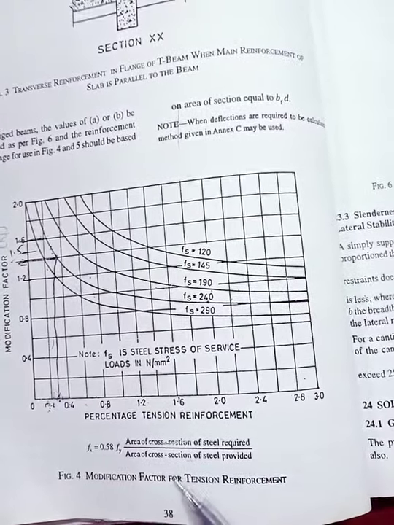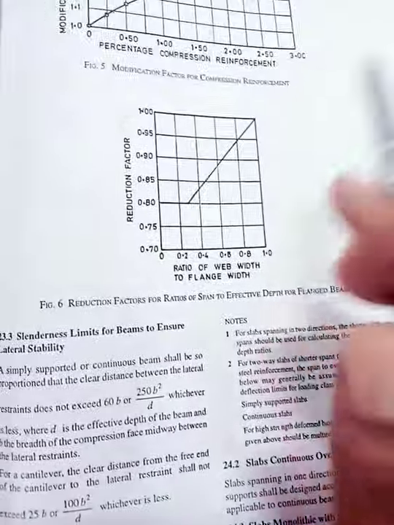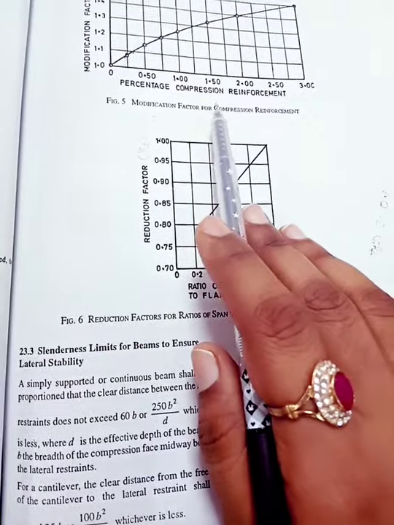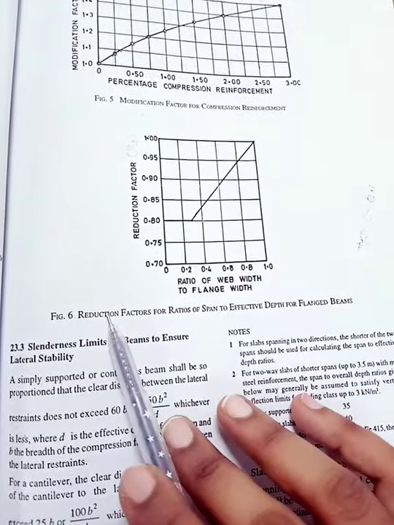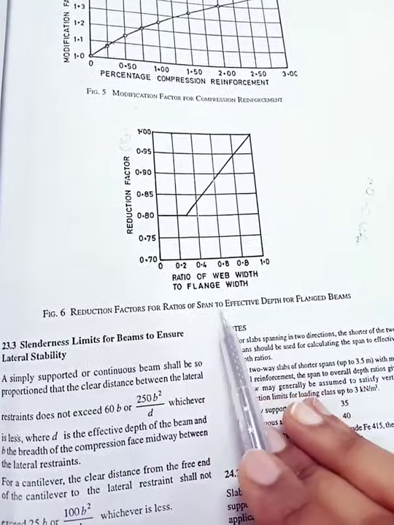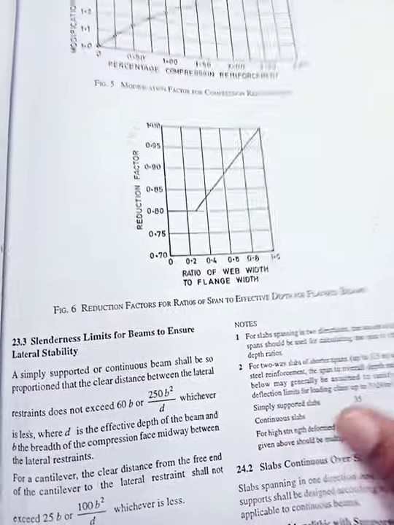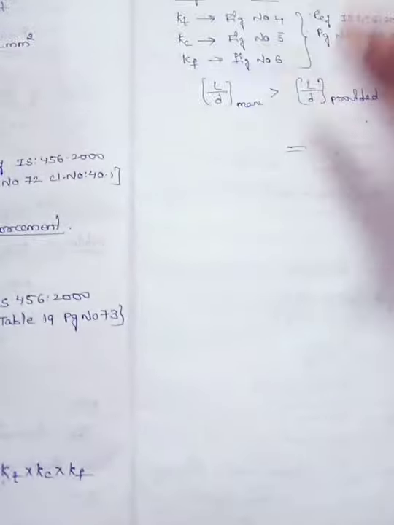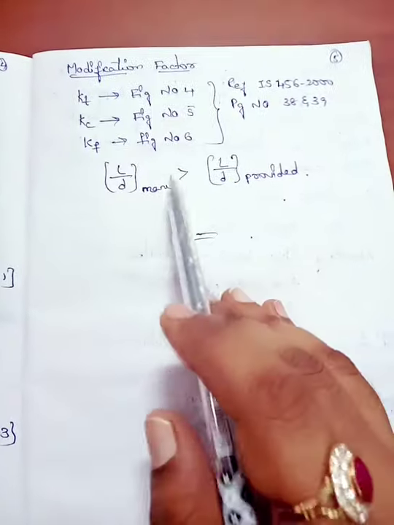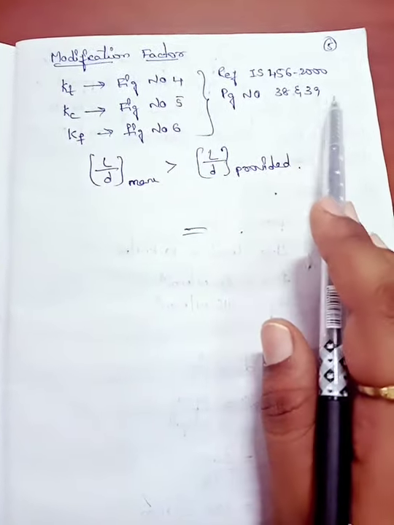Modification factor for tension reinforcement and percentage compression reinforcement, and reduction factors for ratios of span to depth ratios for flanged beams. You need to see and take the values. These are in page number 38 and 39.